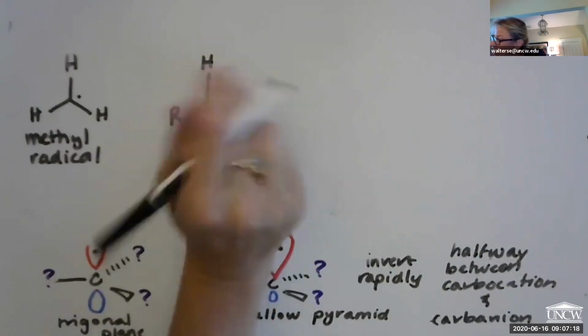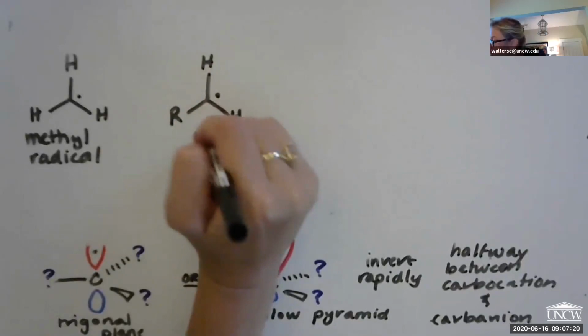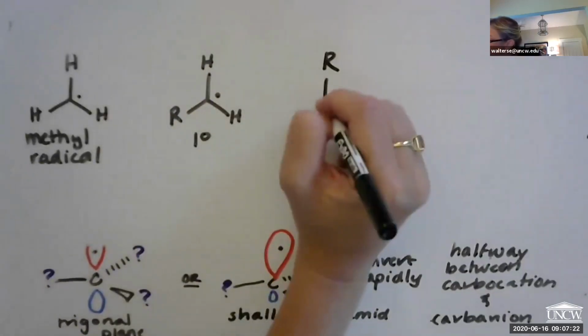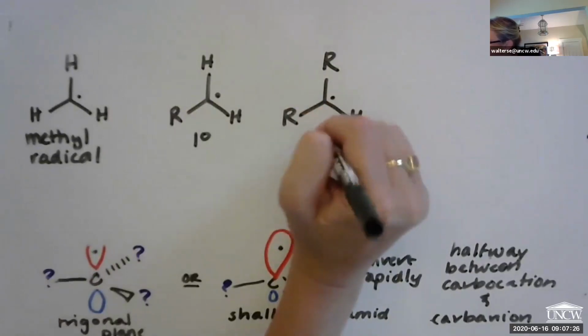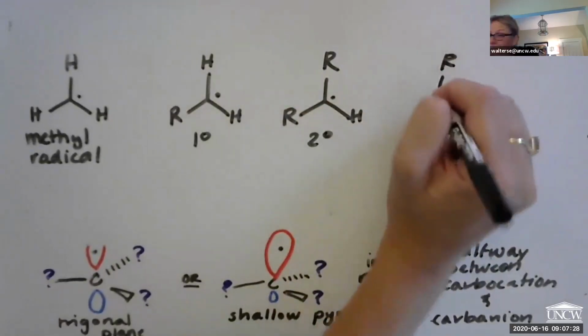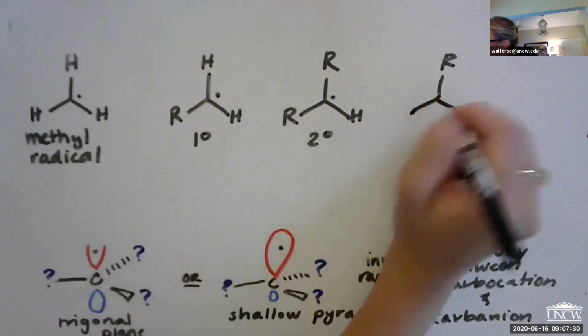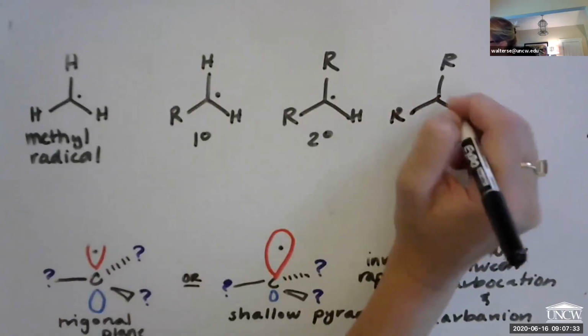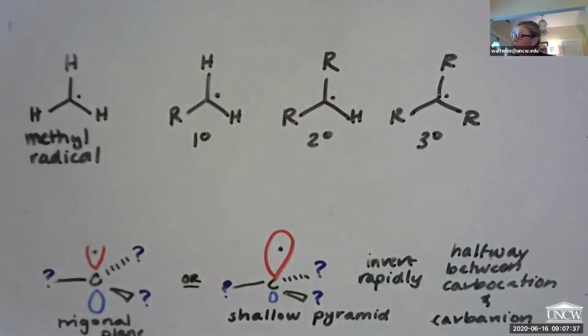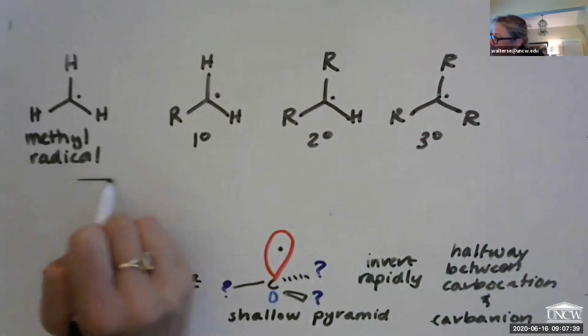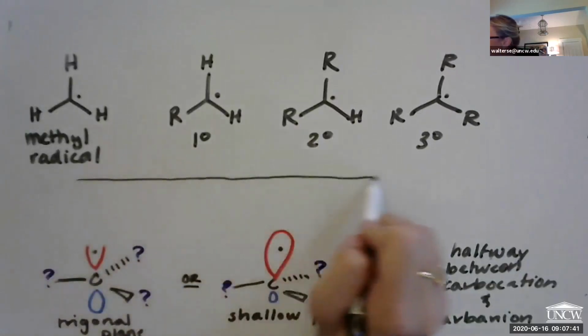Secondary would have 2. And the tertiary would have 3. They could be the same or they could be different. And just like with carbocations, the stability increases from left to right.